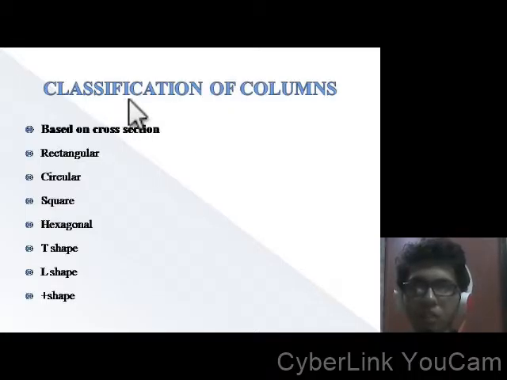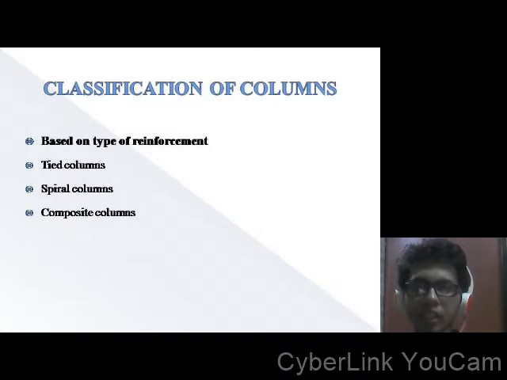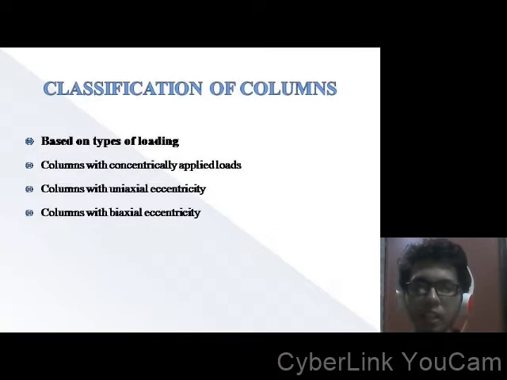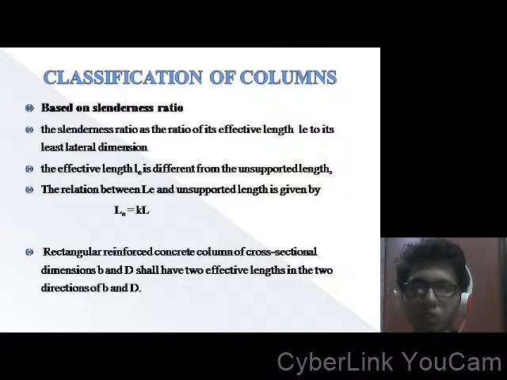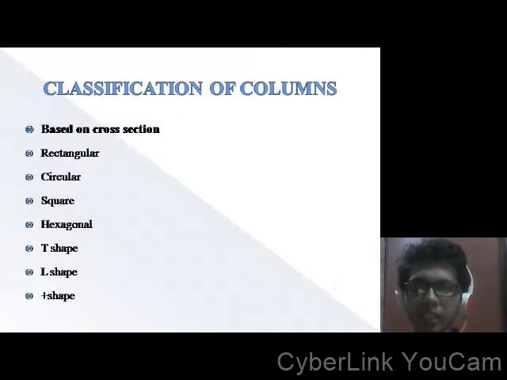Classification of columns. Columns can be classified on the basis of cross-section, the type of reinforcement provided, the basis of loading, and based on the slenderness ratio too. Let's see the different types of columns based on the cross-section.